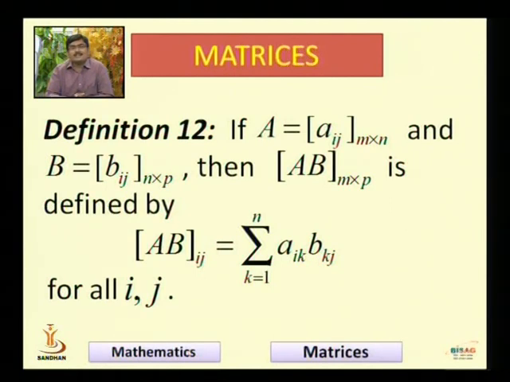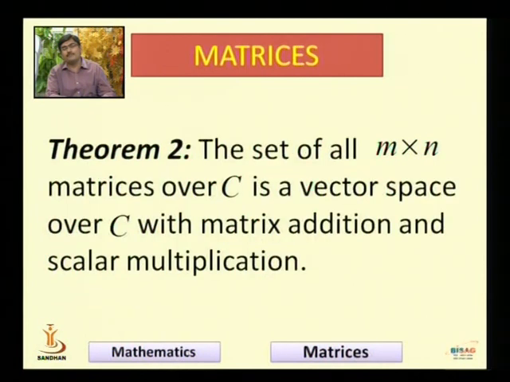A question that I have not addressed is that you should try to find out what the dimension of the vector space given by Theorem 2 will be. I leave it as an exercise to prove that this vector space will have dimension m times n.